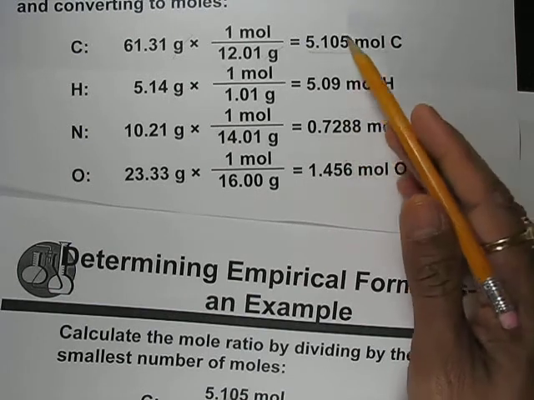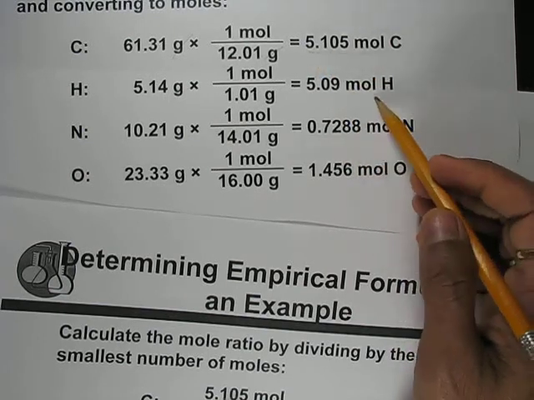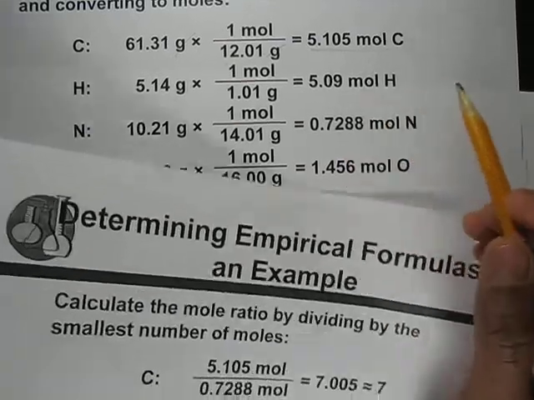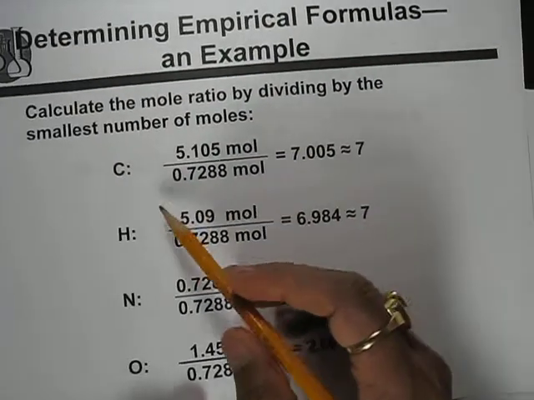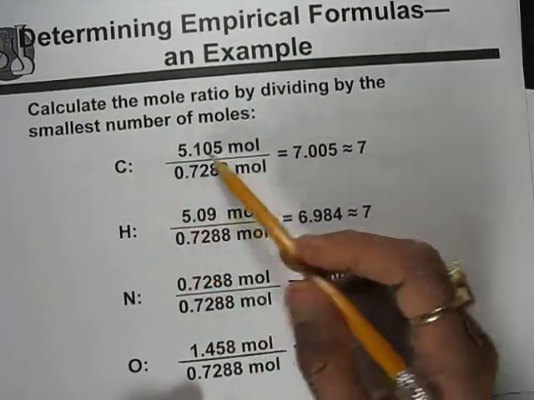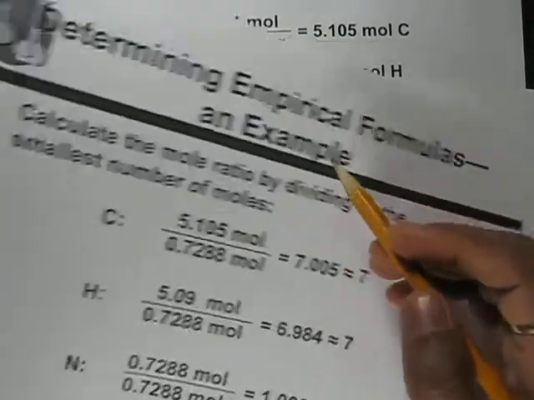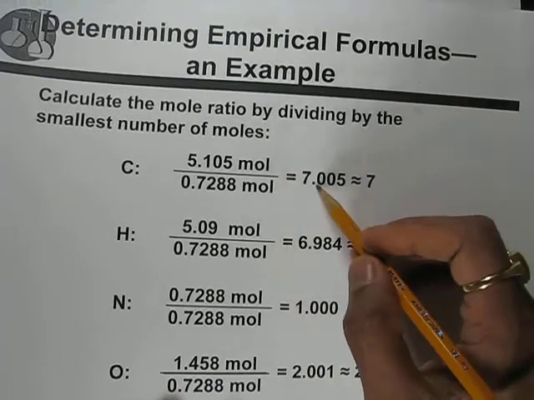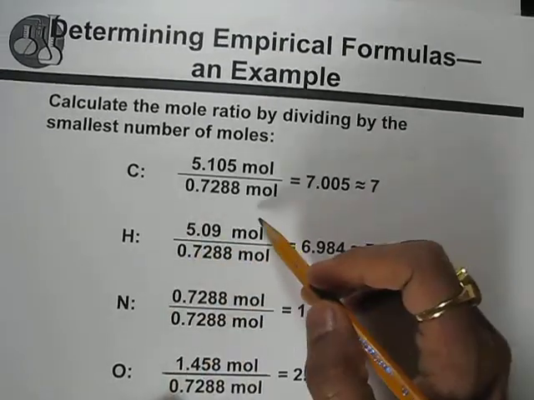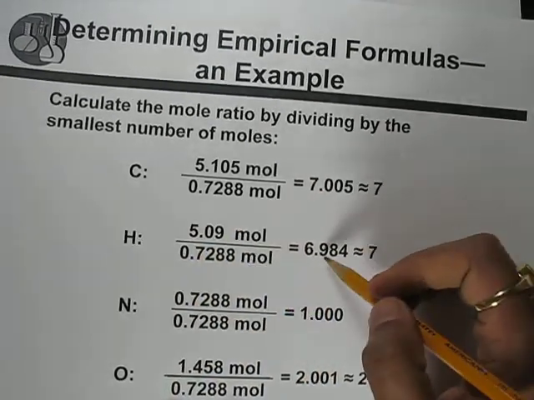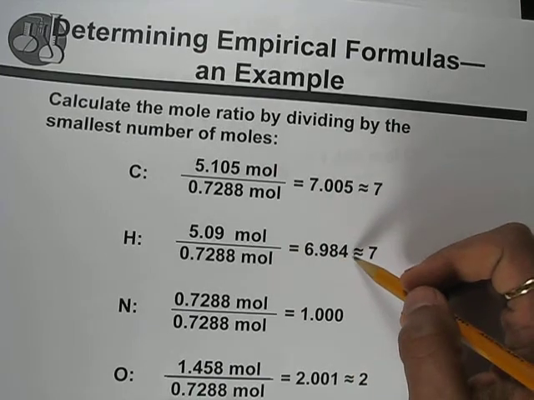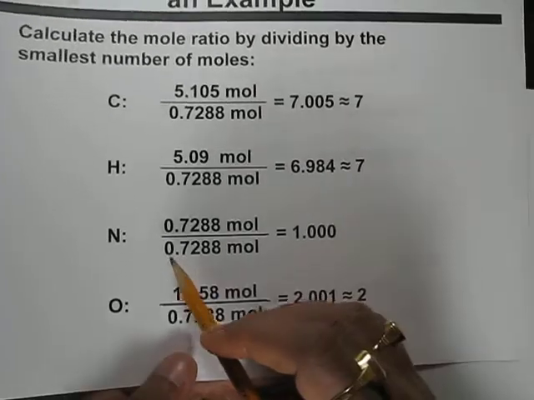So we have to divide every other element's mole by this number. Here we divided carbon mole by nitrogen mole, and it comes around 7. Hydrogen mole divided by nitrogen mole comes around 6.9. We can make it average as 7 again.